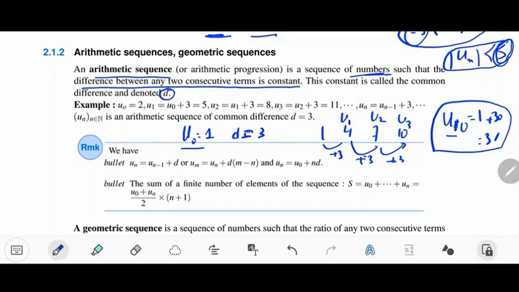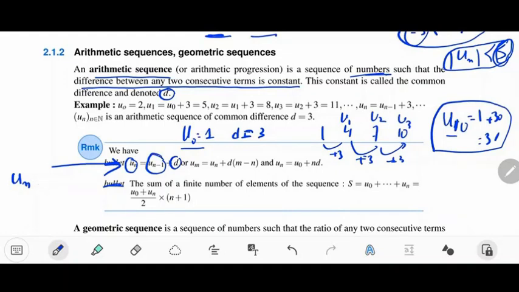That's why we write that any number Un is equal to the number before, Un minus 1, plus D. So let me insist on what's written in here. When I say Un, I mean it's the content of the box of index n.